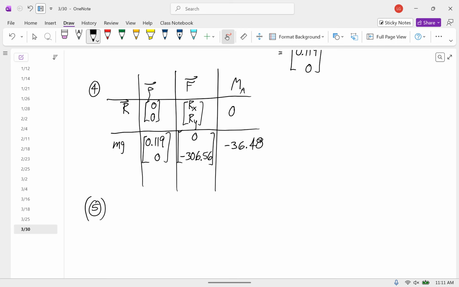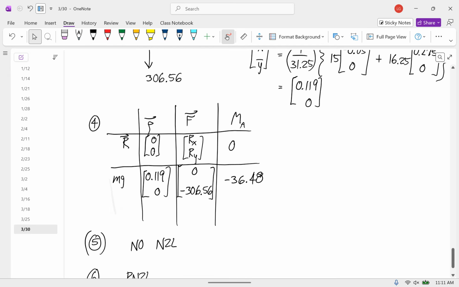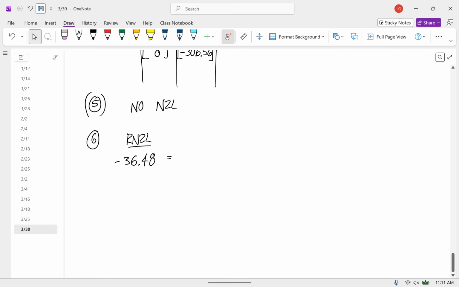Step 5, do we need Newton's second law? Exactly. Step 6, moment equation, rotational Newton's second law. So we have negative 36.48 is equal to 2.295 alpha.